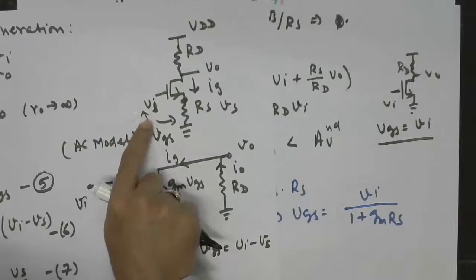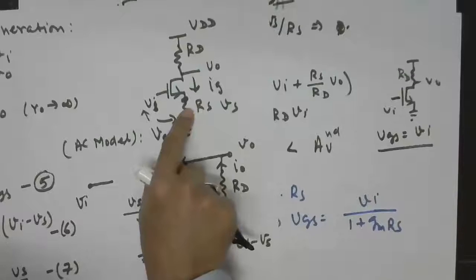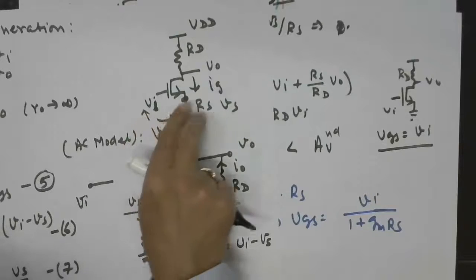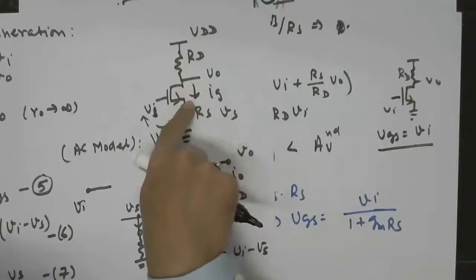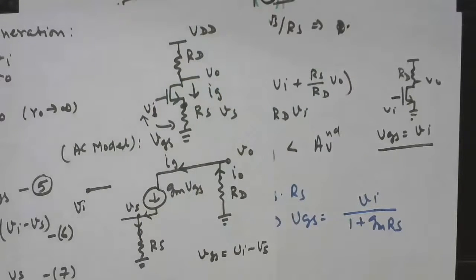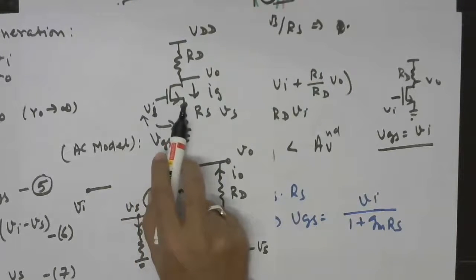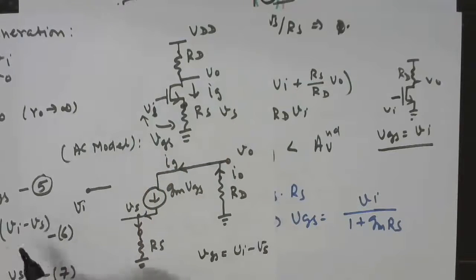Since the net gate to source voltage is smaller because of this resistor, the net time varying current produced by the MOS is going to be smaller, hence the output voltage is also going to be smaller.